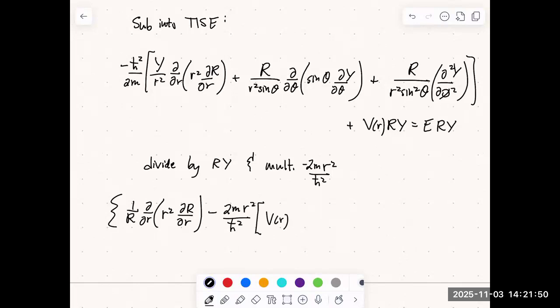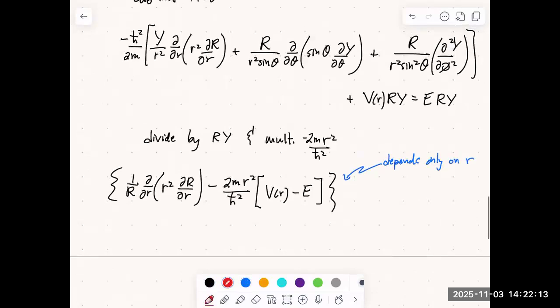And then I'm going to subtract this off and bring it to the other side. So we get a minus E. Okay, so this depends only on r.